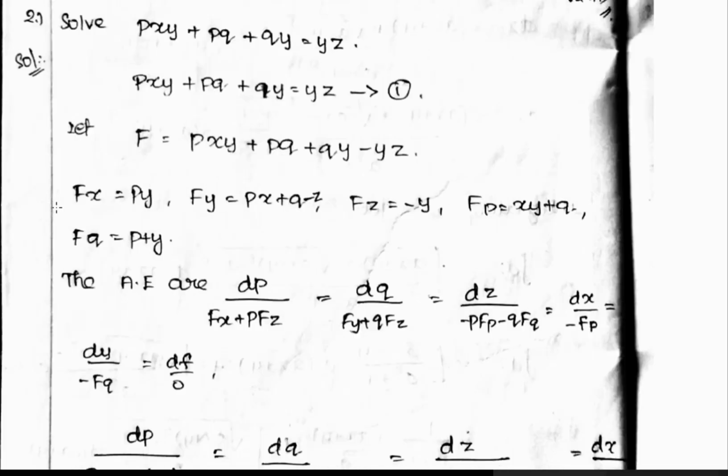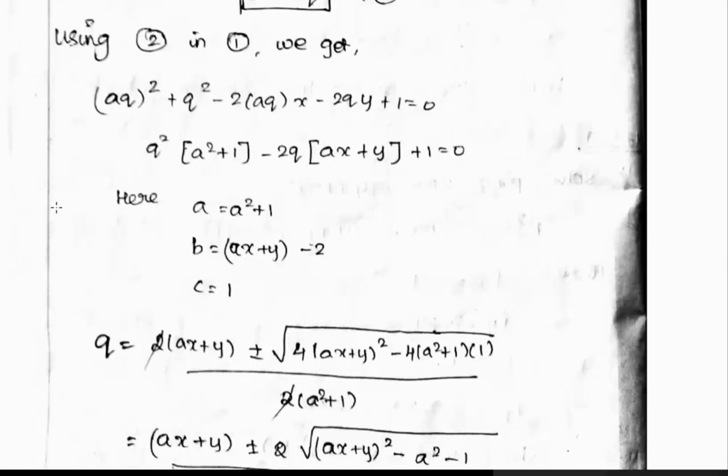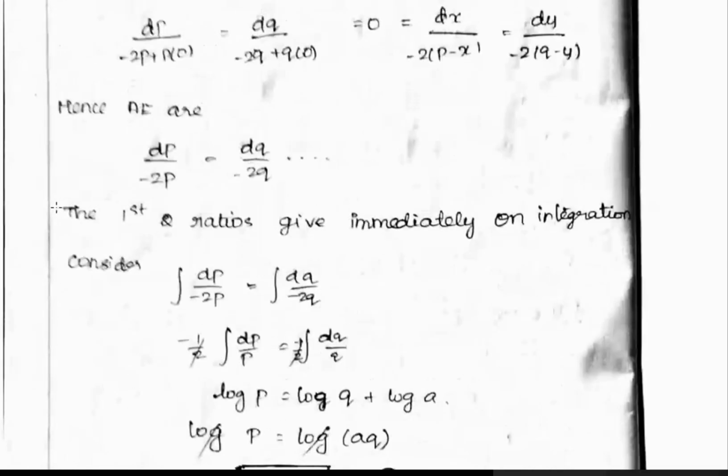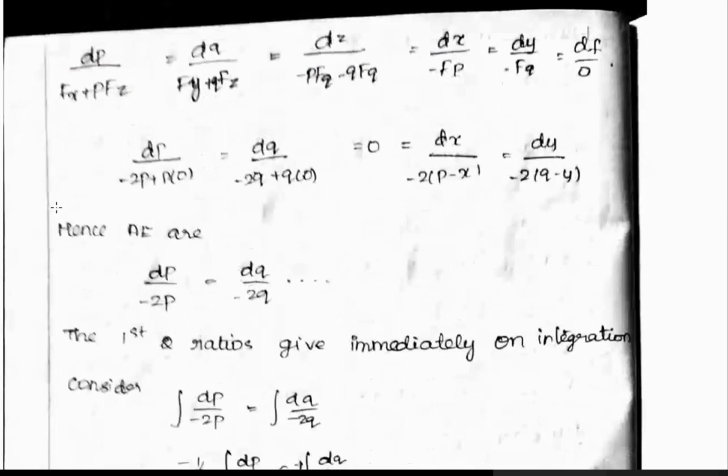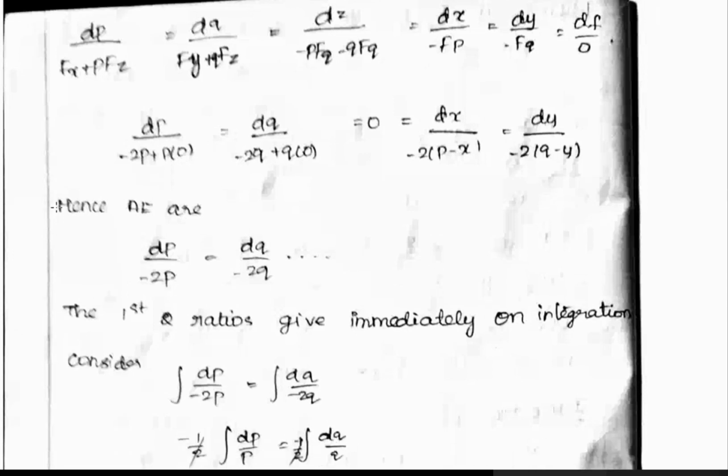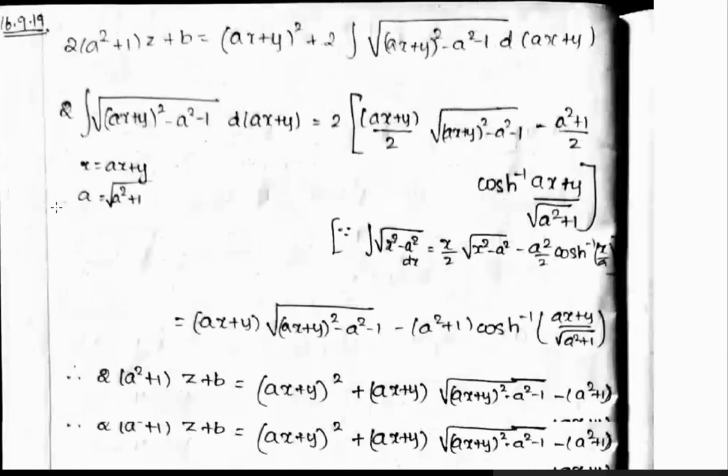So you have to equate the first ratio, that is the easily integrable ratio, dp by 0 equal to 0. In the first term you have to take 2 ratios, because dp has a denominator which is a non-zero term here. So you have to take another ratio also, but in this problem you have dp by 0.